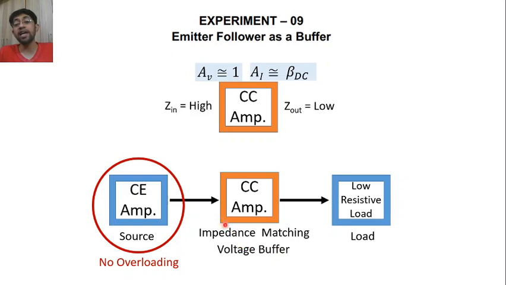So you can call it a CE-CC cascaded stage, and with the help of this CE-CC cascaded stage you can drive a load having a low value of resistance.